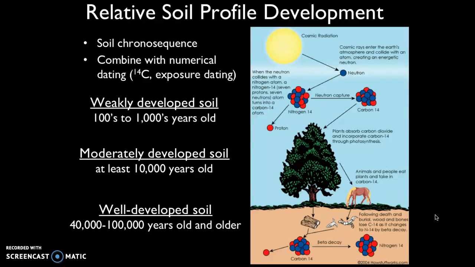So now I will only have 5 carbon-14 atoms, and I will have 5 nitrogen-14 atoms that used to be carbon-14. If I let another close to 6,000 years go by, then now I only have 2.5 atoms of the carbon-14 and 7.5 of the nitrogen-14 that the carbon-14 decayed to.